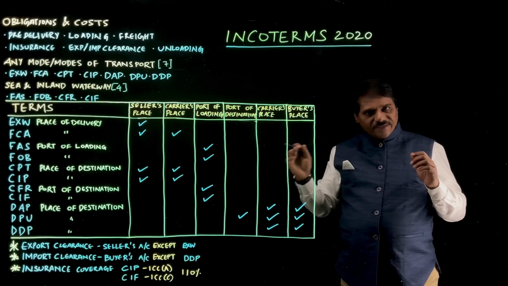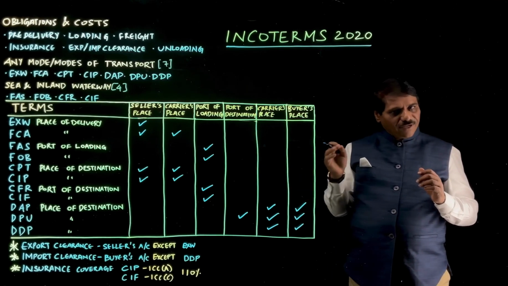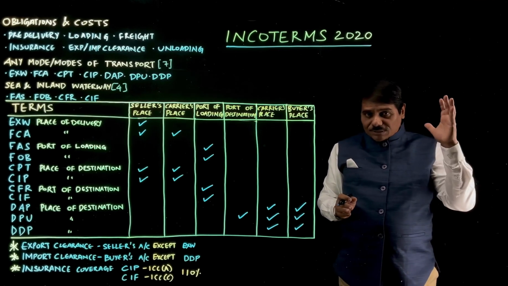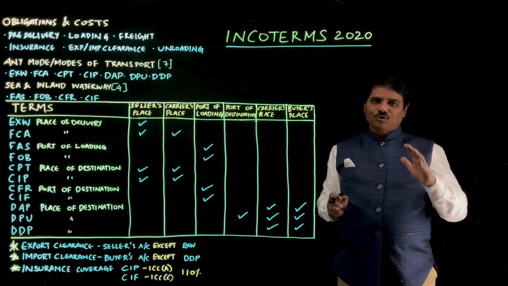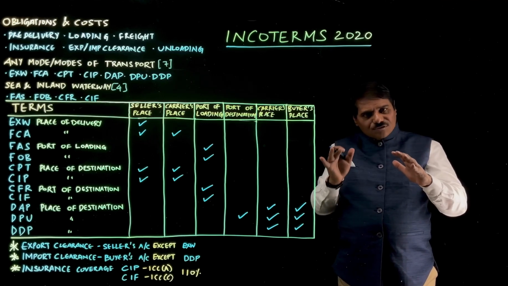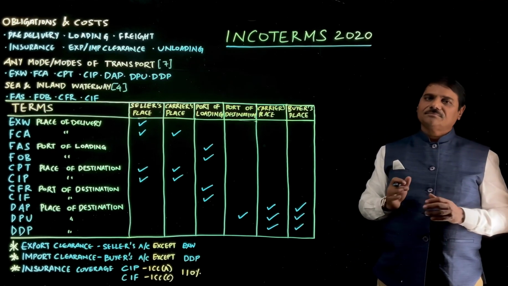Similarly, in case of FAS, free alongside the ship, or in case of FOB, free on board, it is the responsibility of the buyer to bring the ship to the port. The seller only loads the goods on board the ship in case of FOB.